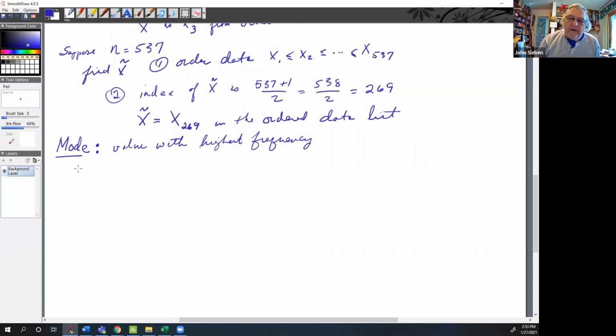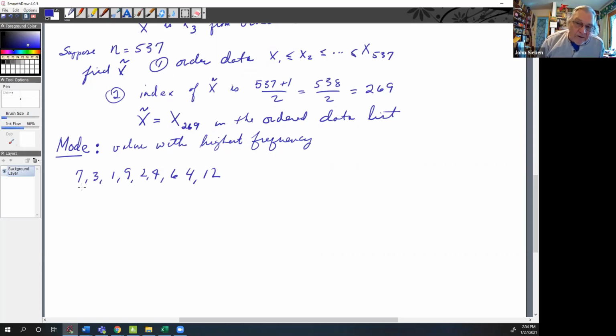So if I had data that looked like 7, 3, 1, 9, 2, 4, 6, 4, 12, if that was my data set, then the mode would be the piece of data that occurs most often. Well, I'm scanning this now.